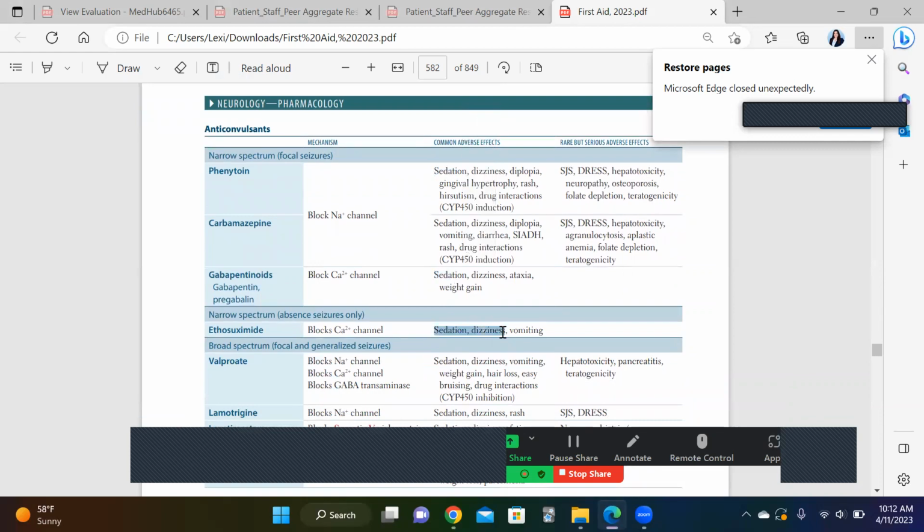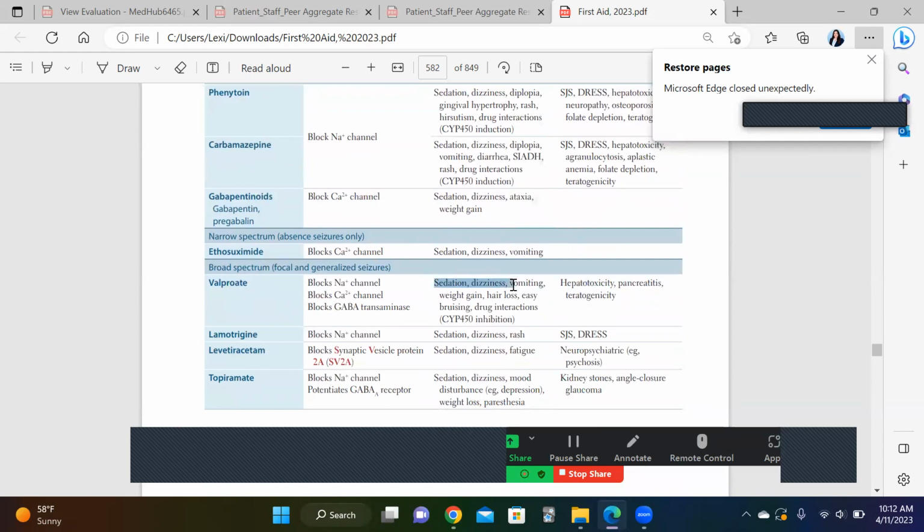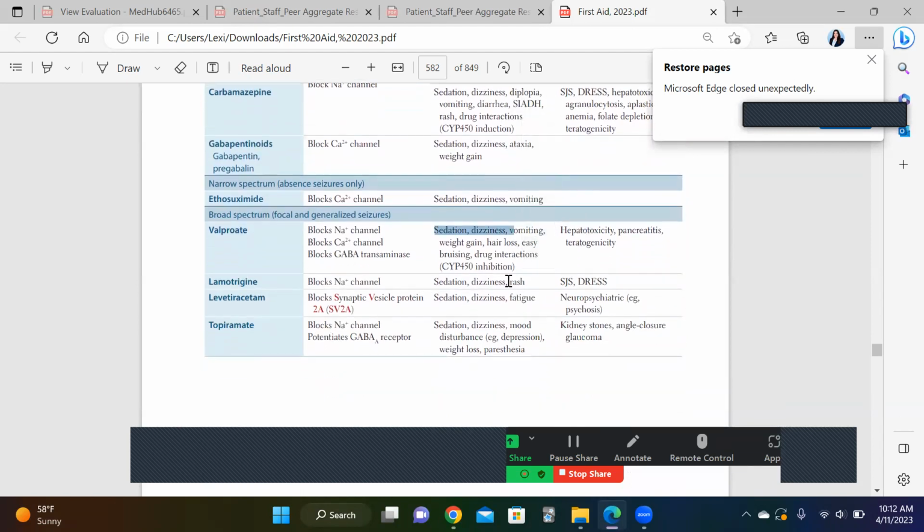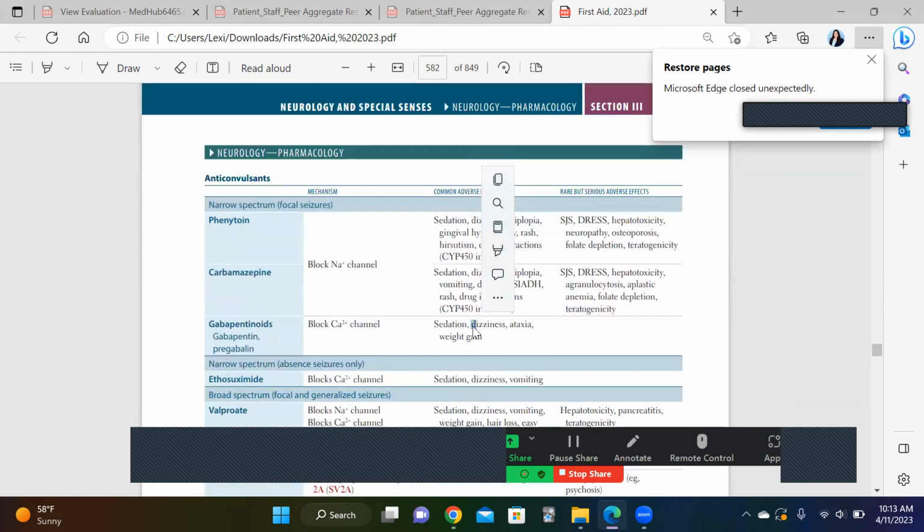I'm also seeing dizziness listed for all of them. What that means is they're not going to ask it, and it's not something you're going to memorize for each one. At the top of your book, you're going to type: all cause sedation, dizziness.